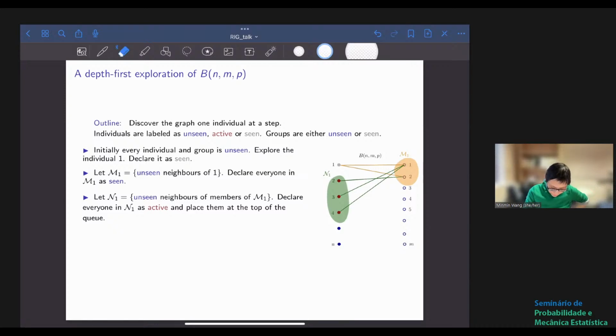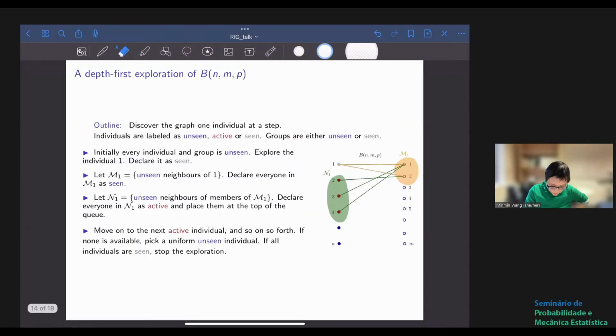The next step is to pick an active individual. In this case, you can pick 2 and look at similar things. You look at the neighbors of 2, and then the neighbors of the neighbors of 2, and so on and so forth. If you don't have any active individual, then we just pick a uniform individual among all the individuals that have not been explored so far.